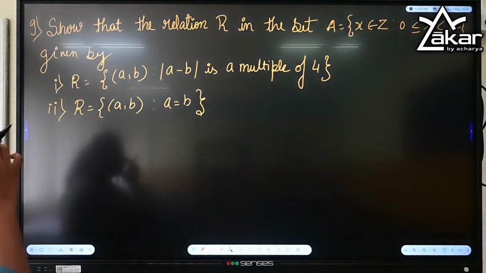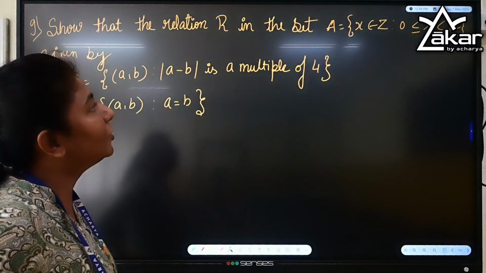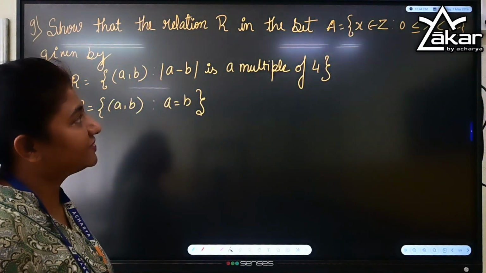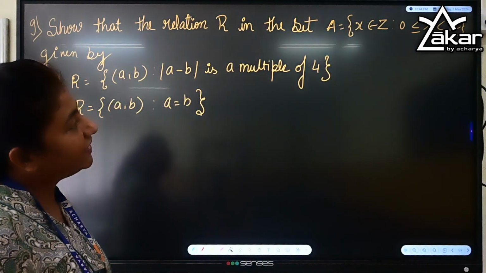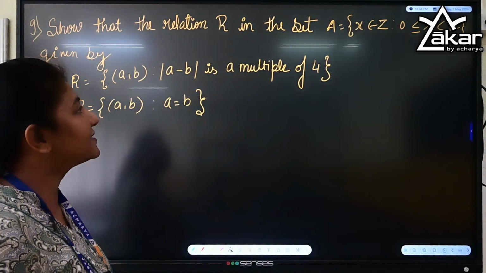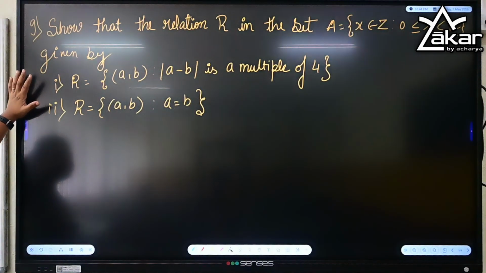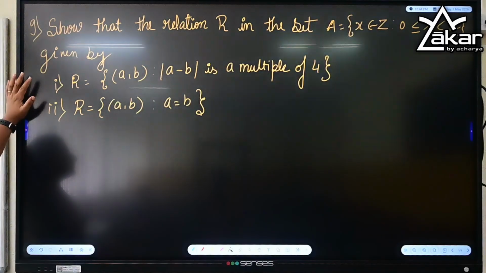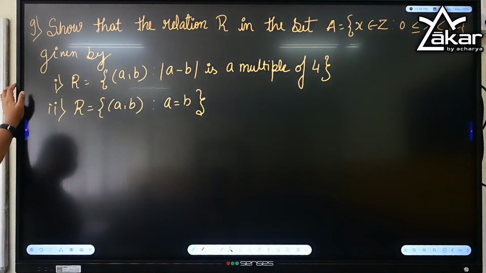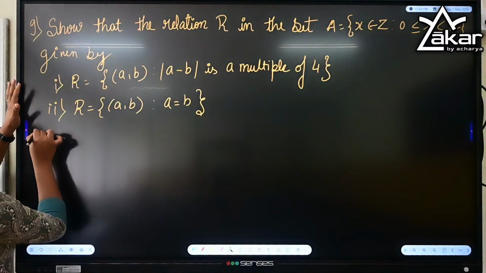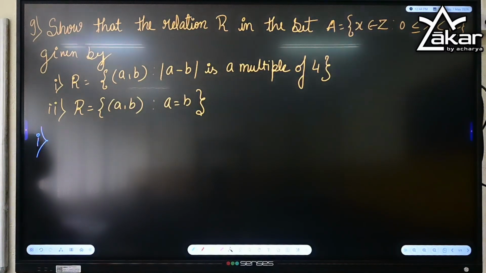Show that the relation R in the set A equal to X belongs to Z such that 0 is less than X is less than 12 is given by. You need to prove two conditions here. For the given set, you need to show how the relations are related to each other. Let us solve the first one and solve the second by yourself.